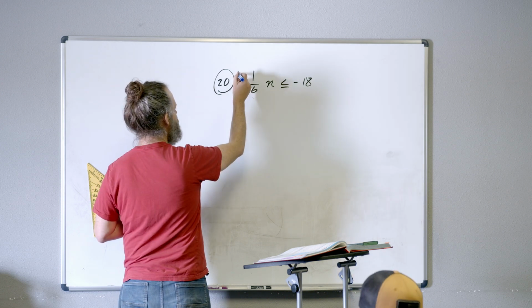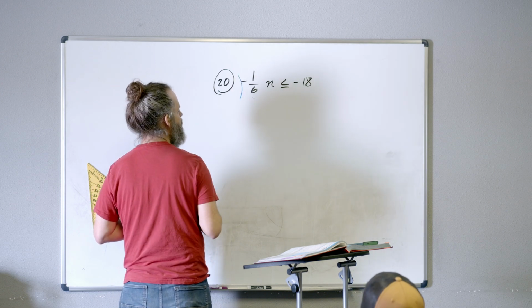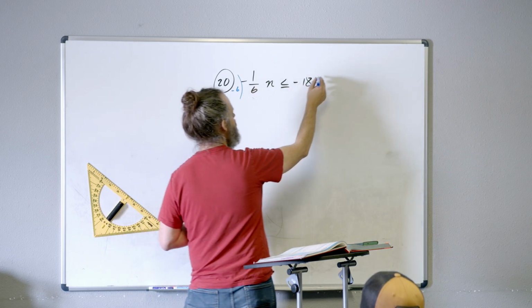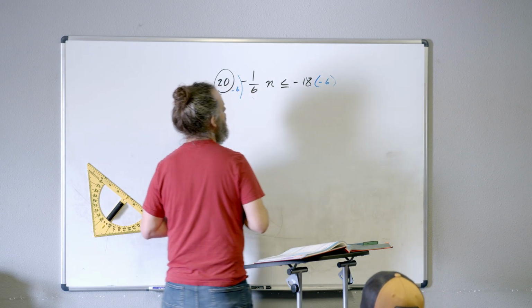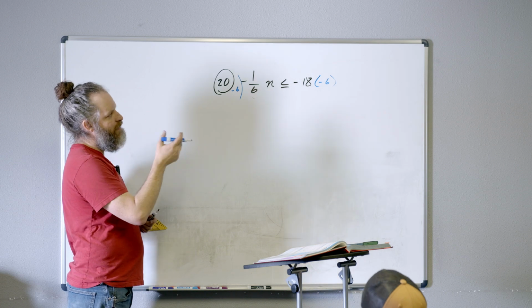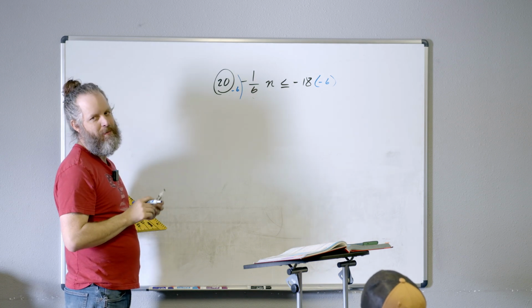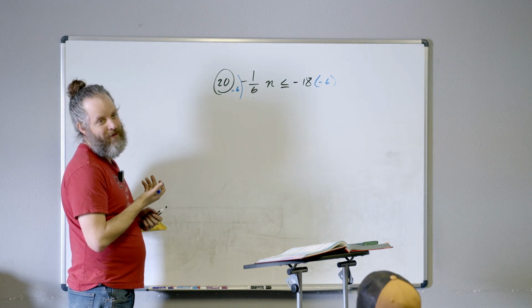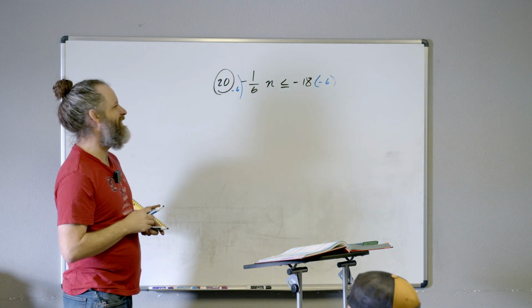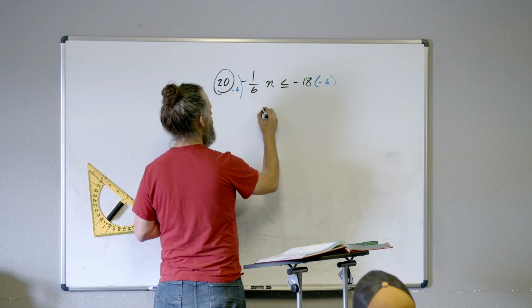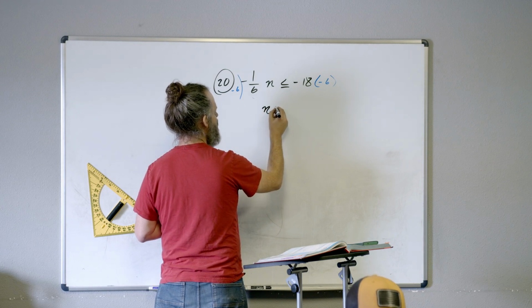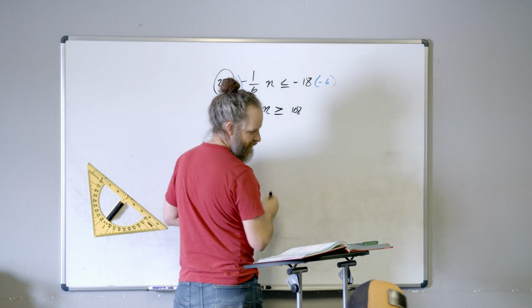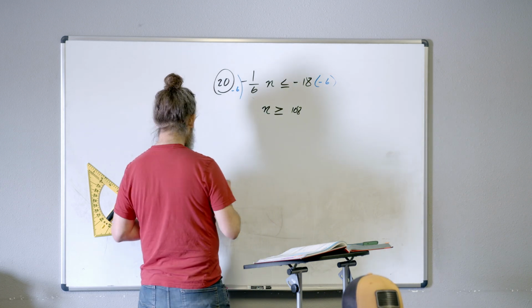So what is the reciprocal of negative 1/6? Negative 6. When we multiply or divide both sides by a negative, what happens? The inequality flips. The sign also flips, but yeah, the inequality flips around. So this turns into N is greater than or equal to 108. Is that right? Yeah.